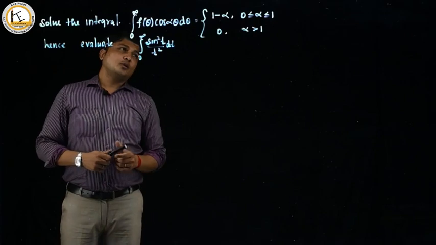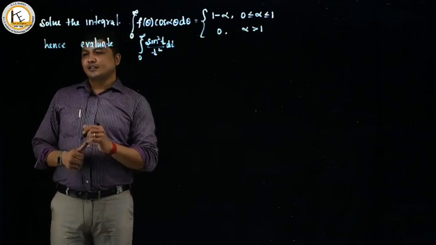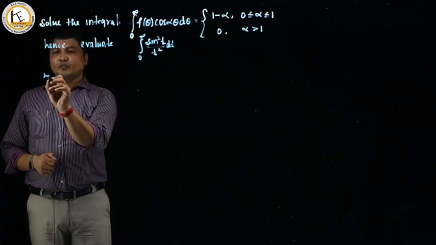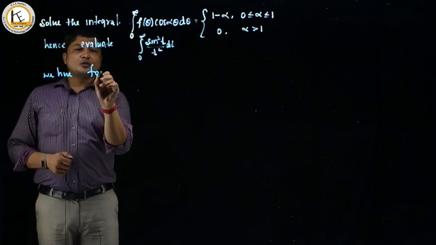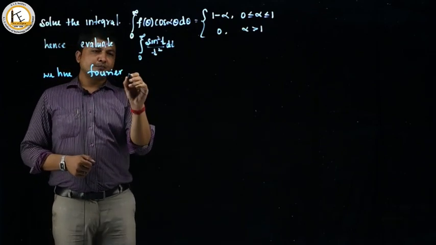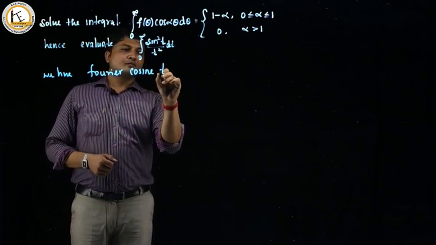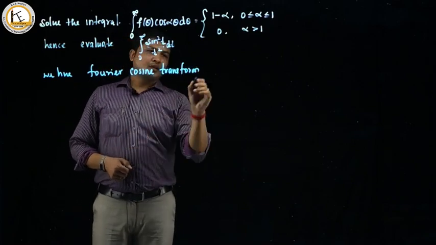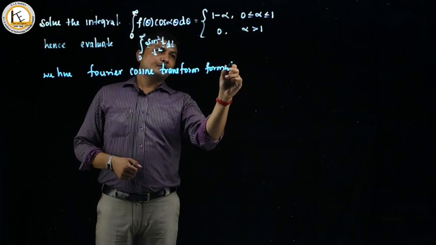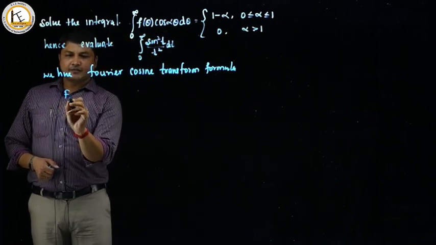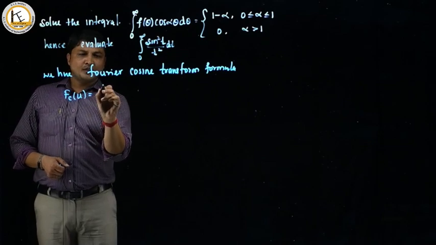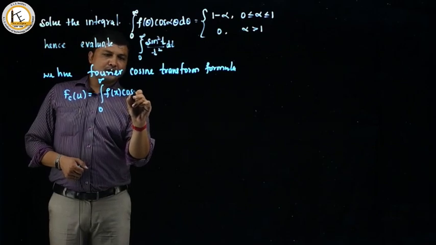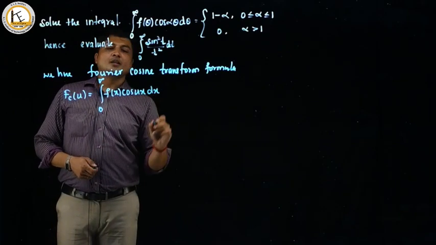So to understand what exactly the given data is, I just write the formula, that is the Fourier cosine transform formula, that is fc of u is equal to integral 0 to infinity f of x into cos ux with respect to x.